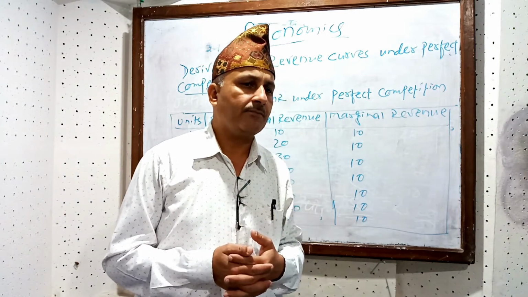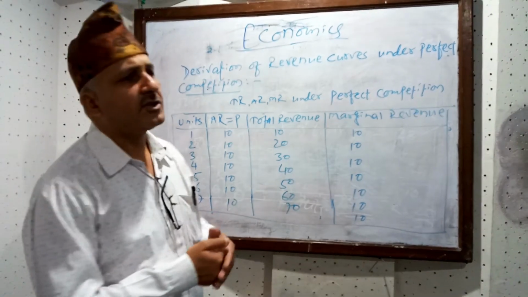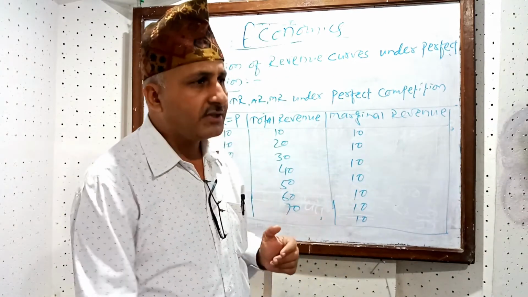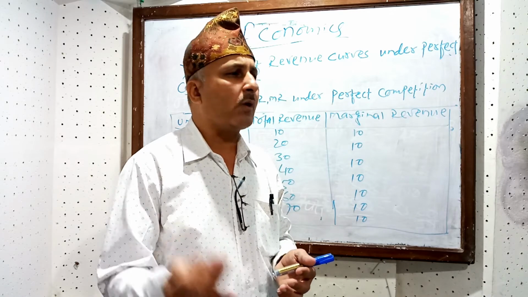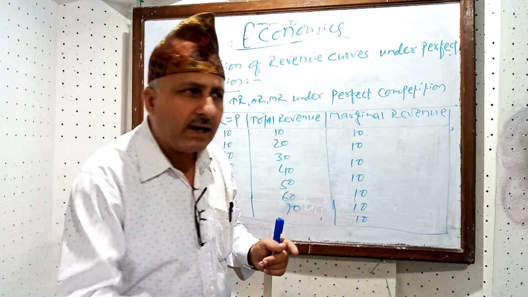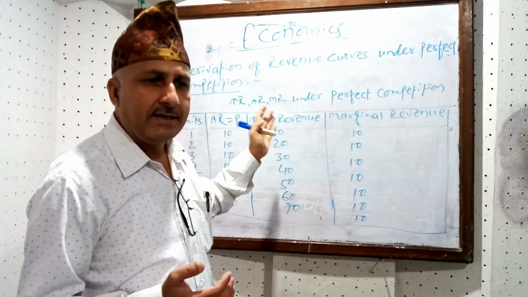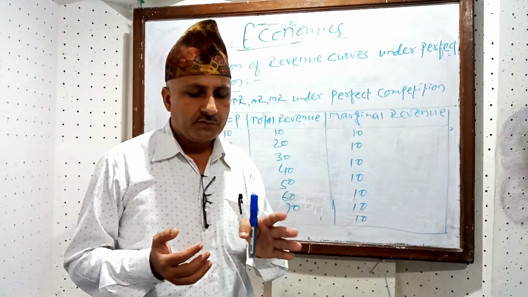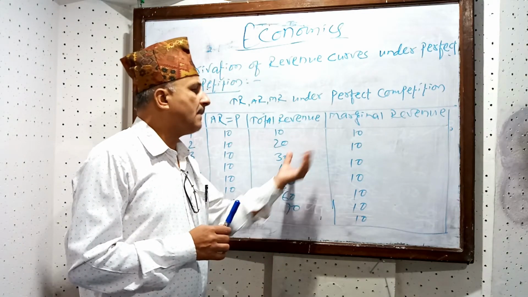And under perfect competition, all the goods and commodities are identical. Homogeneous means price is the same, quality is the same, designing, packaging, everything is the same. But in real life, this type of perfectly competitive market cannot be found. It is an imaginary case, limited only to the theories of economics. In reality, we cannot find such types of market structure.